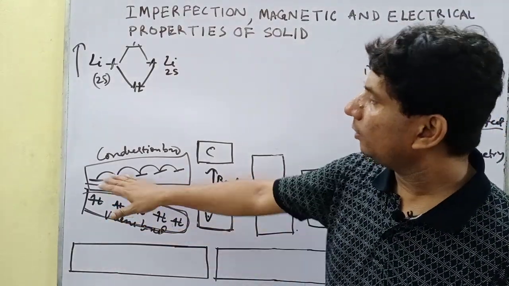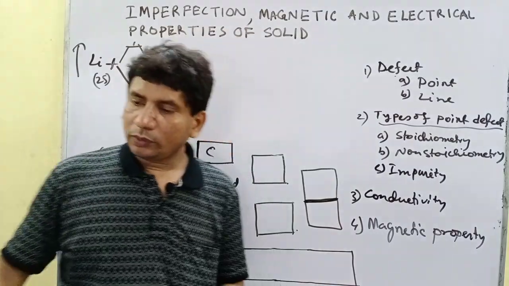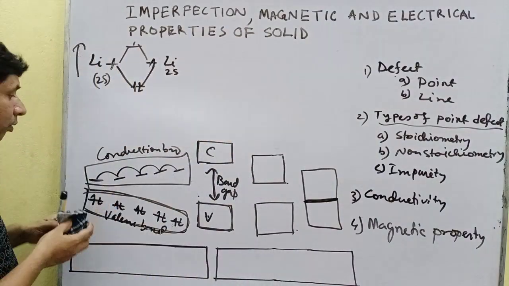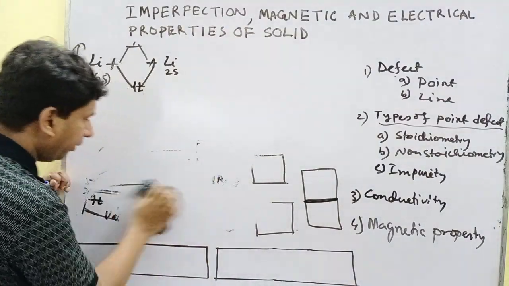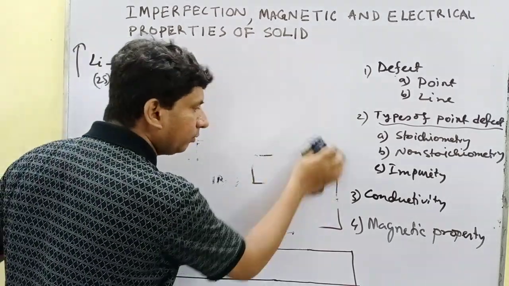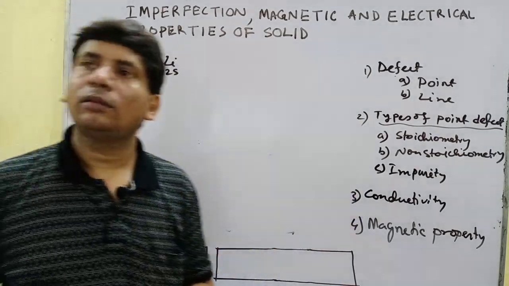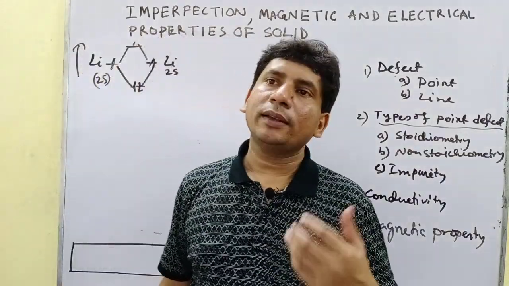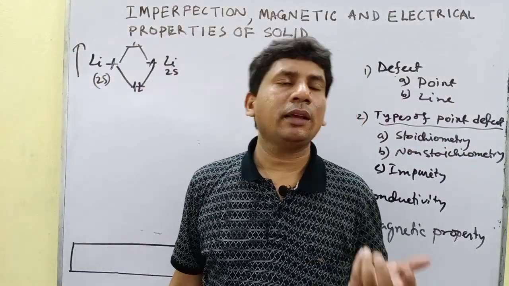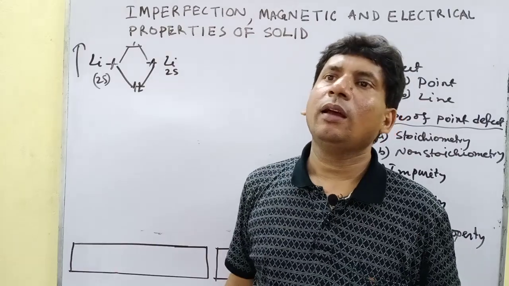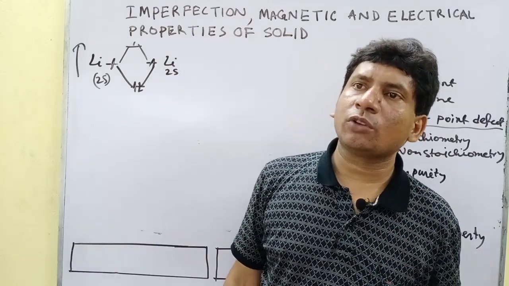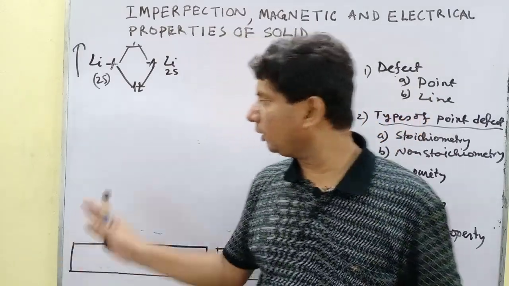In this way they form conductor, insulator and semiconductor. Clear? Is it clear? Now we can explain conduction of electricity in metals in this way. Metallic conductors conduct electricity through movement of electrons.